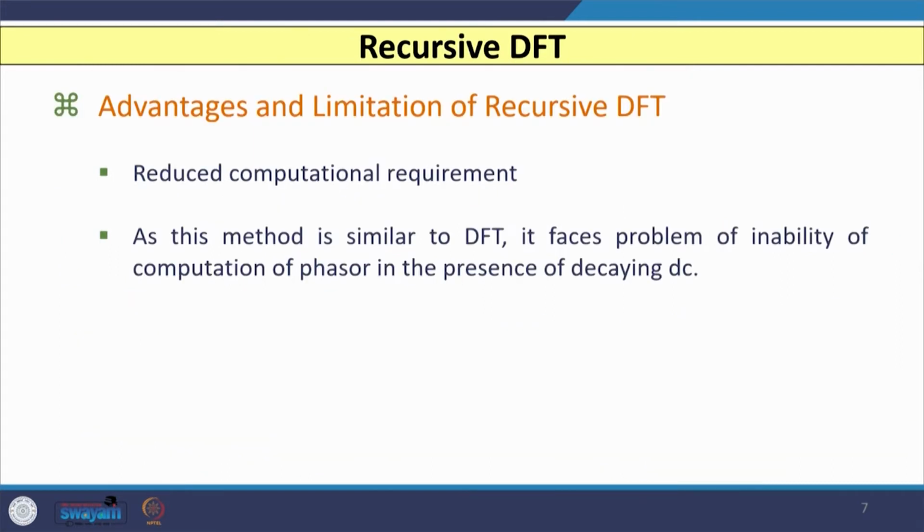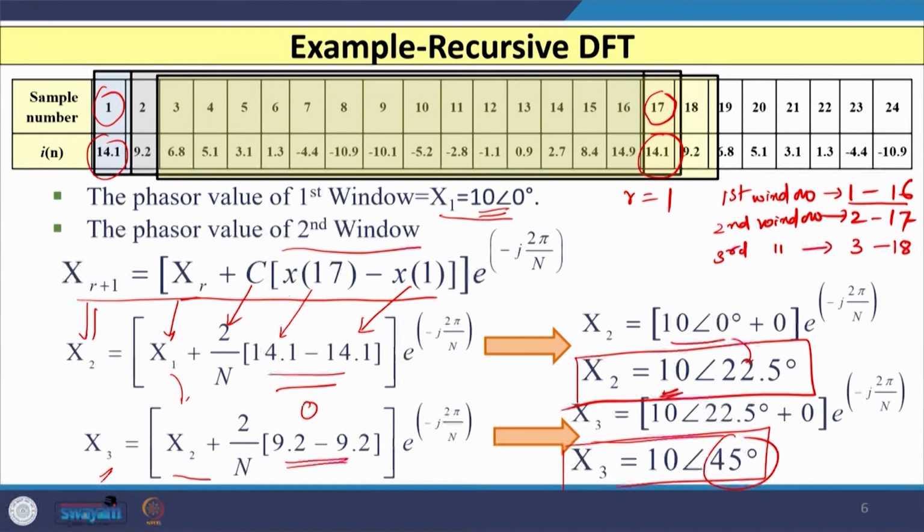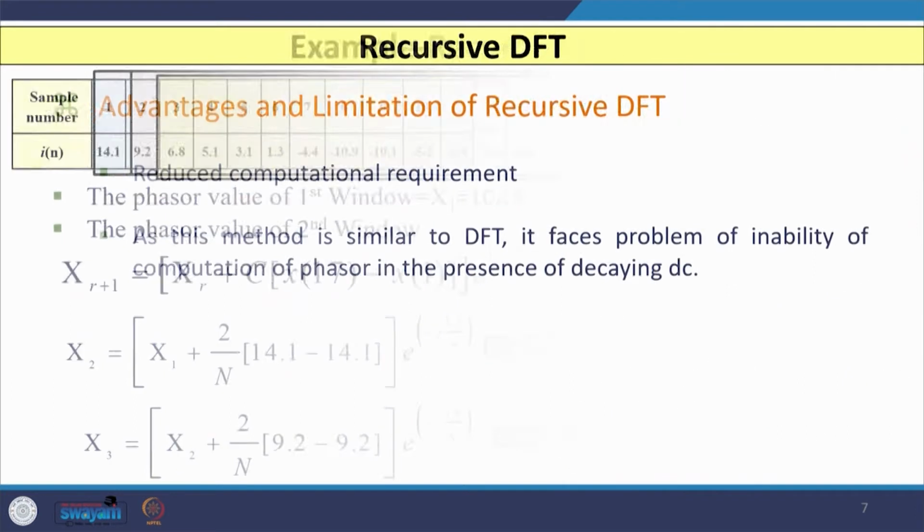So, we can say that when we use the recursive DFT, computational requirement reduces, because when you move from one window to other window, you have to consider only those samples which are available. So, new sample as well as the sample which needs to be discarded.